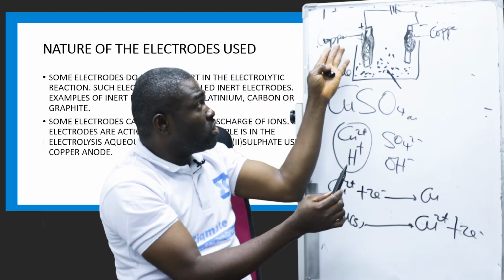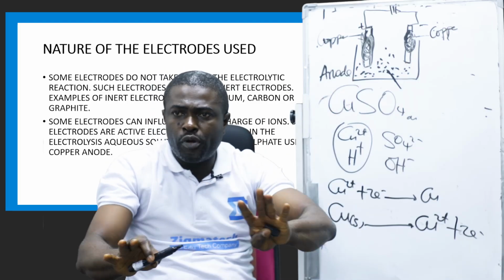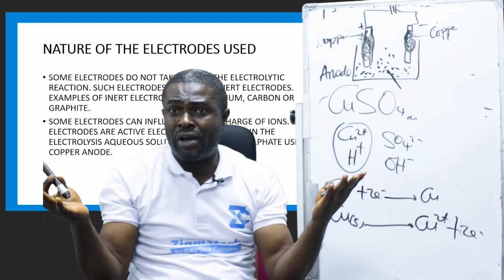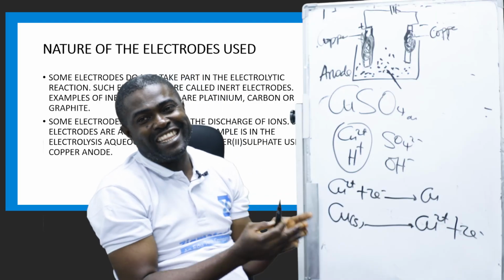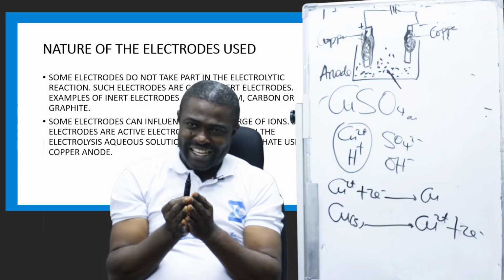But if it is not active, it's just platinum, graphite, carbon, no problem. Our normal electrolysis continues to take place, considering the other 2 factors, which are the position of ions in the electrochemical series, and how concentrated the ions are.